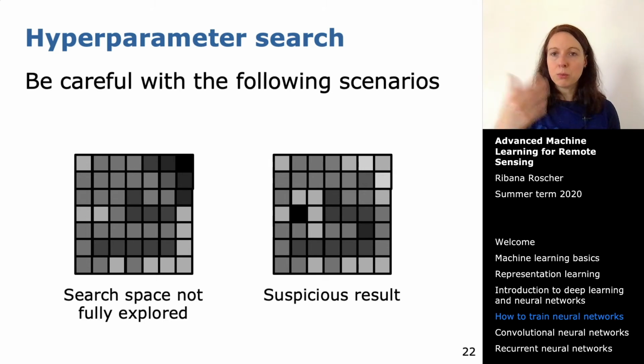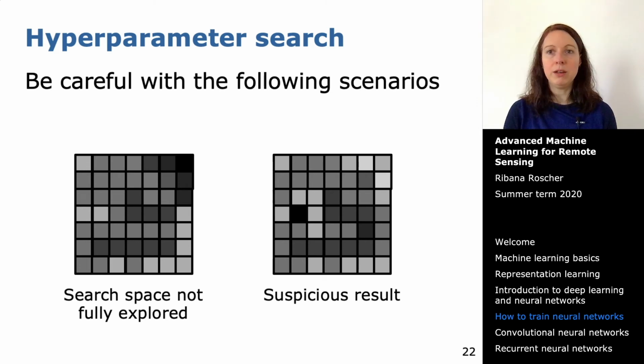You will see this when the best parameter combination is at the border. So here it's a good idea to extend the search space and explore exactly this area where settings of hyperparameters will lead to good results.